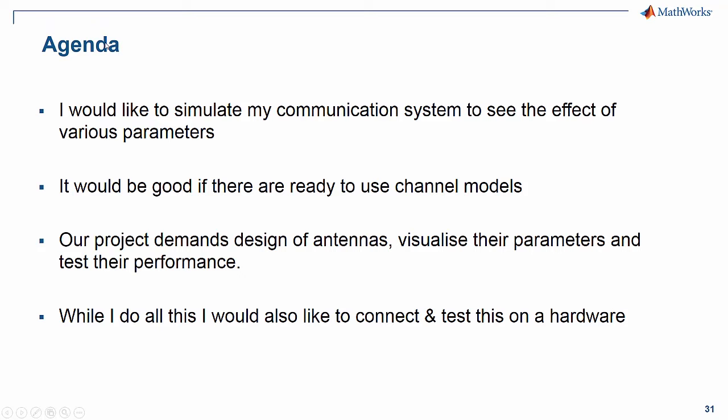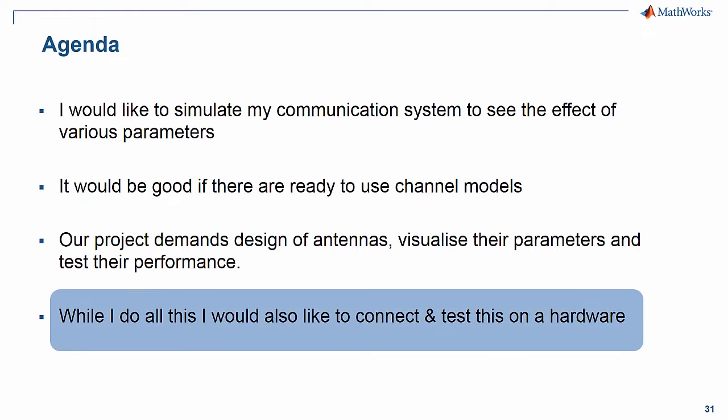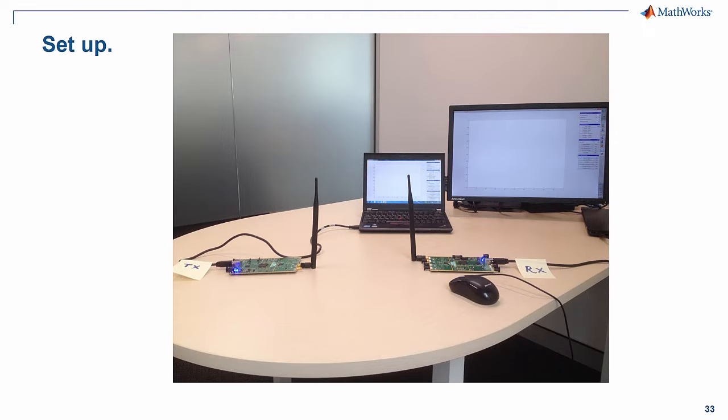Okay, so let's go to the last part of the agenda: how can we connect to hardware, where MATLAB can help me connect and test my communication environment on hardware. For this particular case, we'll be using USRP, which is a radio peripheral from Ettus Research, to transmit and receive some information.